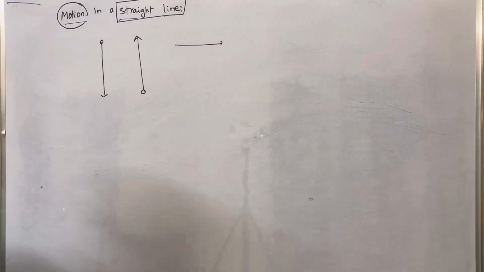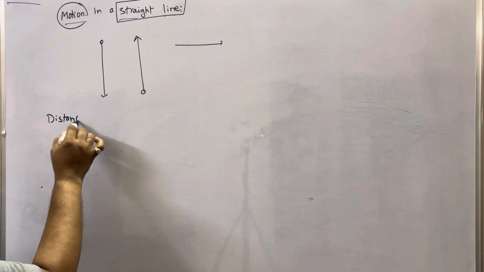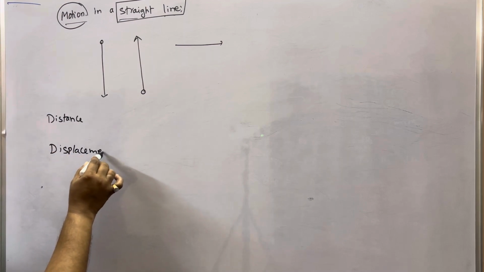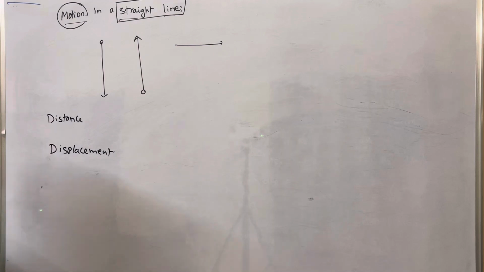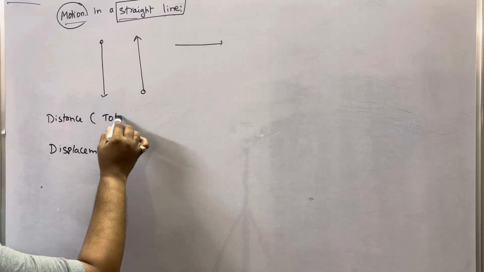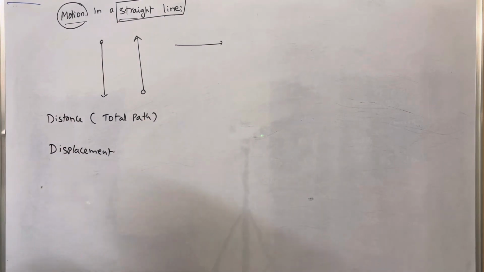So mainly we should come to know in this what is distance and what is displacement. We came to know the definitions very well. What does distance mean? Total path covered by the object between initial and final position.